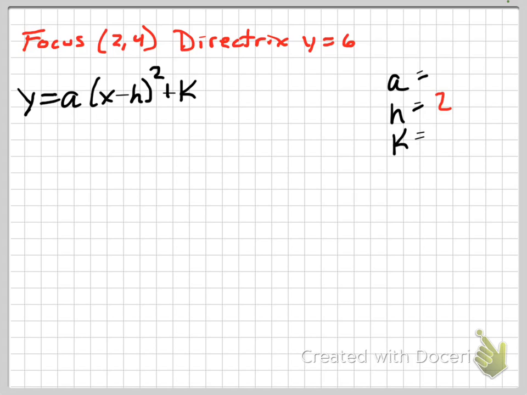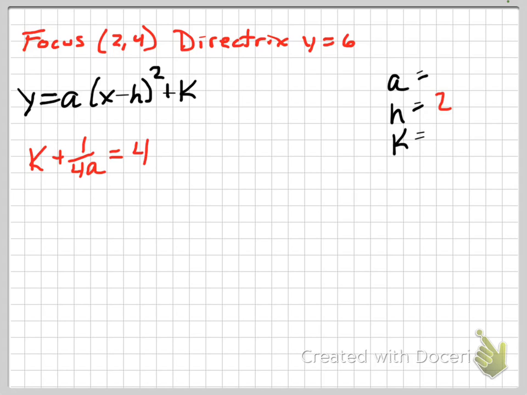It doesn't stay that easy, though. Now we have to do some work. What does k plus 1 over 4a equal in our specific problem? k plus 1 over 4a. 4.